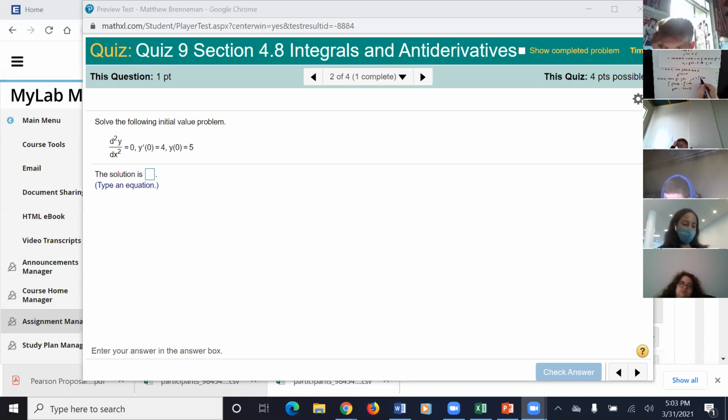And now you can use the rule for taking the integrals of power functions. This would be x to the first over 1, and you'd get the same result. Now I'm going to apply the initial condition.